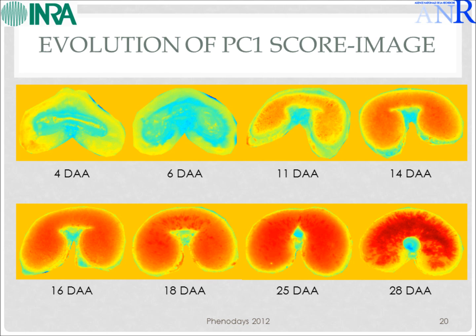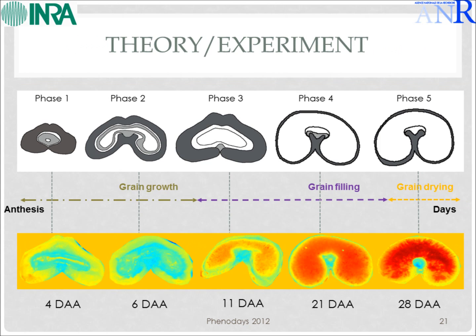In the early stage of development, we had a lot of blue-green and yellow color, and at the final stage, we had a lot of red color and dark red color. So when we compare the results in the literature and the results obtained with the PCA, it seems that our results are very relevant.